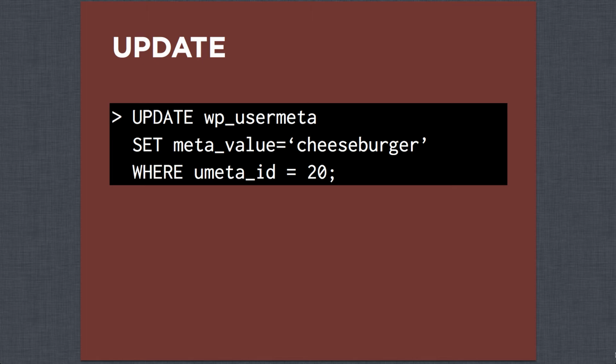And because we don't want to update all the rows of meta value to cheeseburger, we want to make sure we use a where clause and only update that column when the umeta ID equals 20. So this will go find that row where umeta ID equals 20, and it will update the meta value column to cheeseburger.